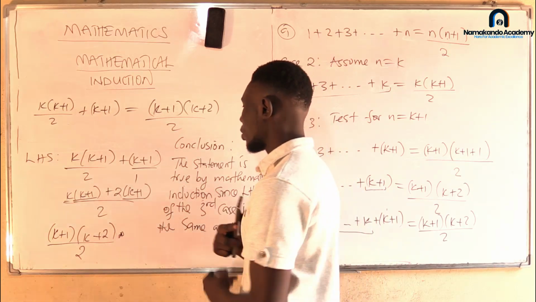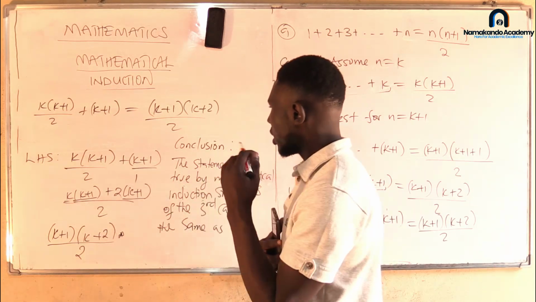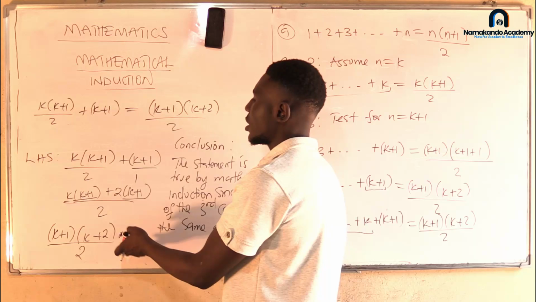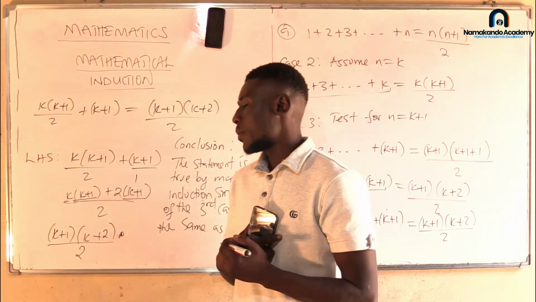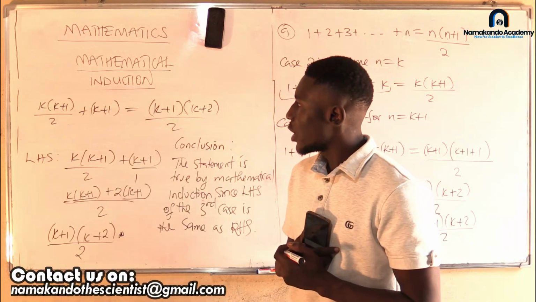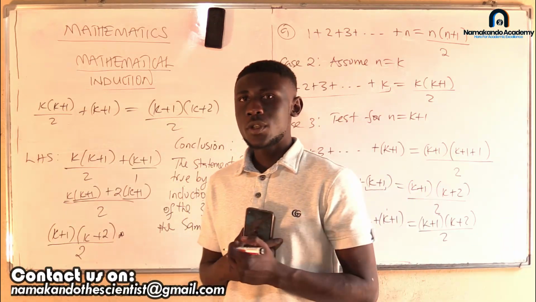So you can do the conclusion there, but the conclusion will be based on our findings. If left is the same as right, then our statement is true by mathematical induction. Alright, so let's proceed to the next problem.